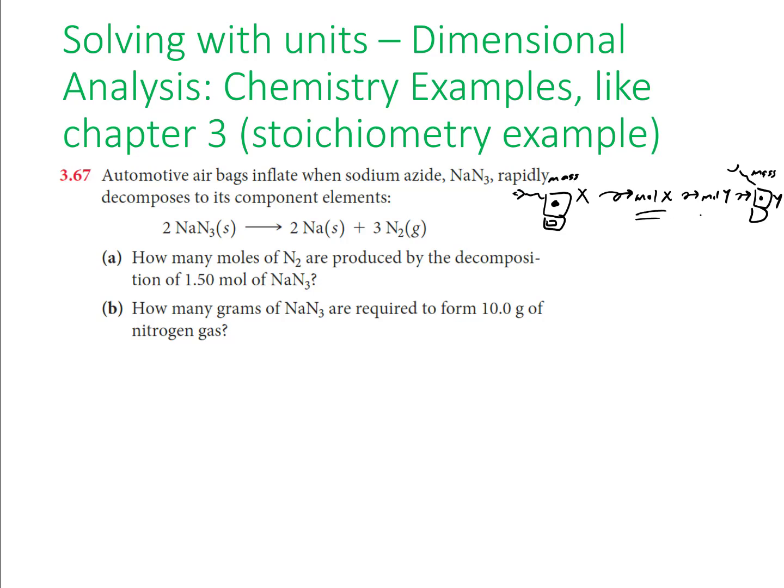And how do you go from moles of X to moles of Y? You use the balanced mole ratio. So you go moles of X equals moles of Y, and you get these numbers from the coefficients in the balanced reaction.